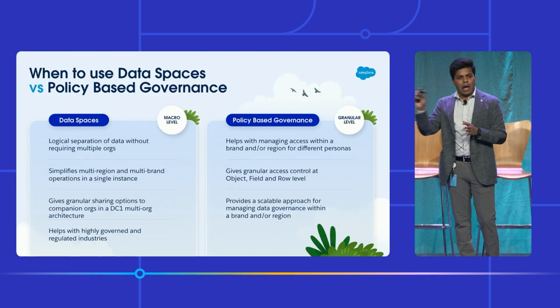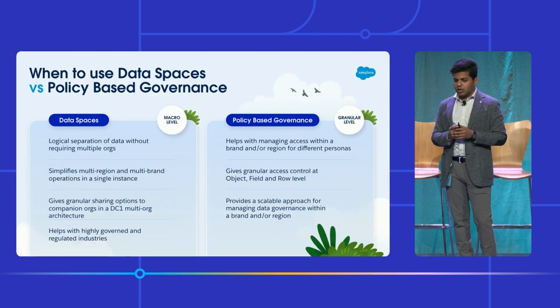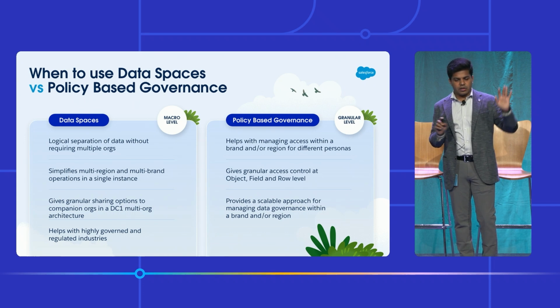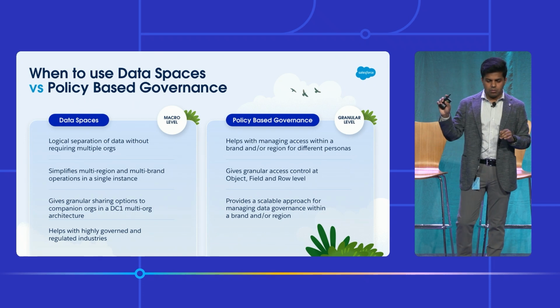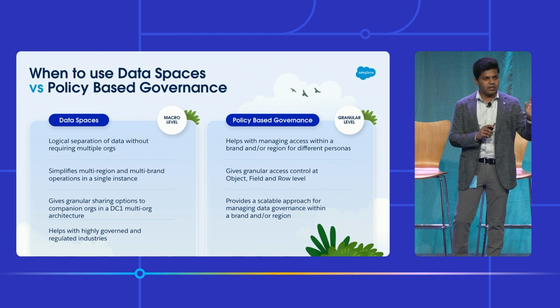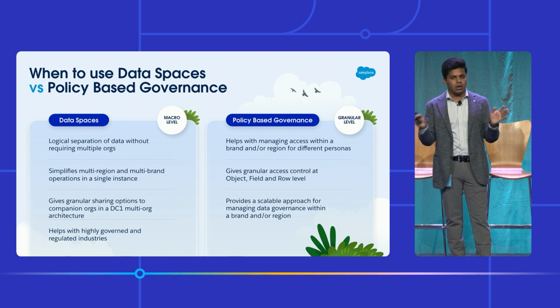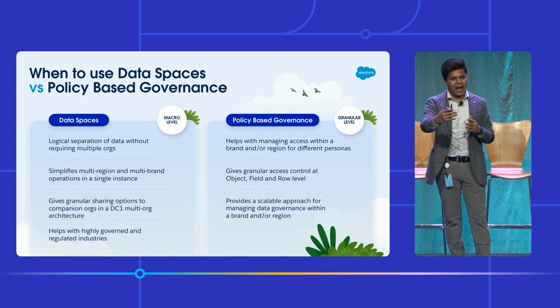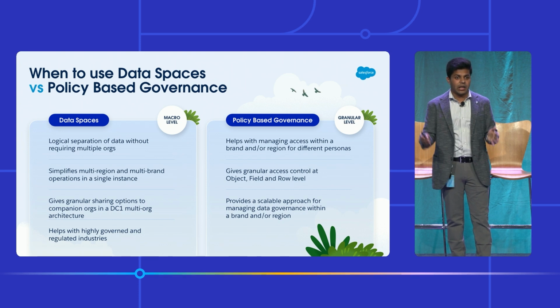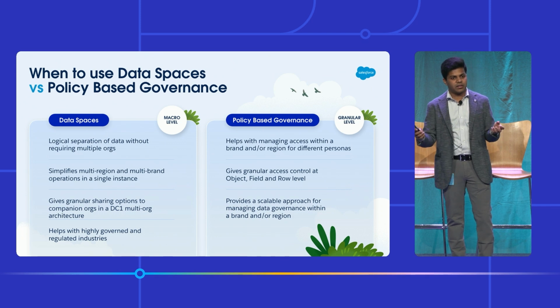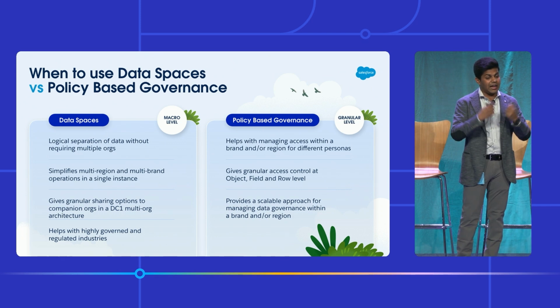Now, recapping data governance to an extent, we talked about 2 levels: data spaces and policy-based governance. Data spaces, as I said, is a macro level concept which allows you to partition your data for your brands, for your different data models that you want to coexist within the same Data Cloud.